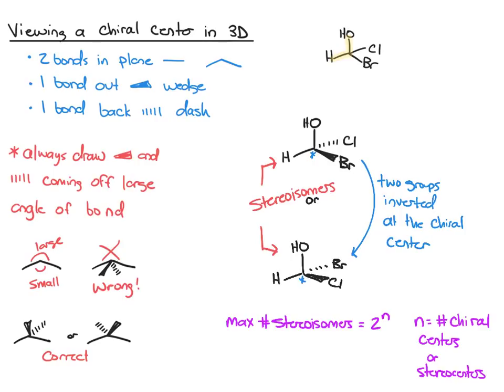So for this particular molecule, there's one chiral center, so we do 2 to the first equals 2 stereoisomers. So as you gain in the number of chiral centers, the number of stereoisomers increases exponentially.